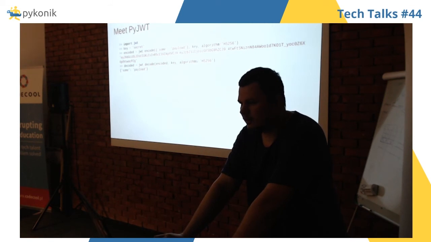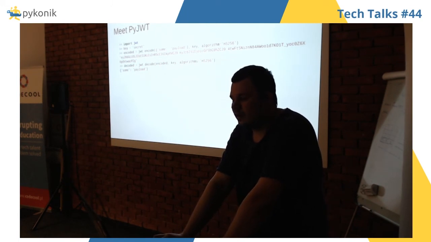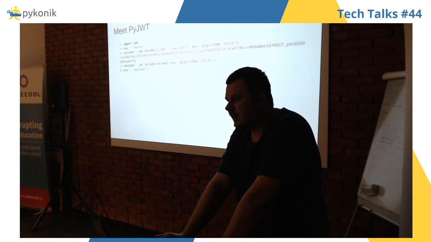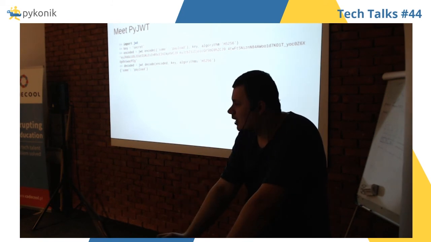Yes. The question was about the none algorithm. If you set it in the algorithms for the decode side, how will it behave? It will just comply with the none.